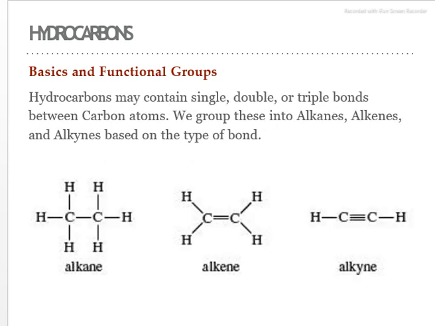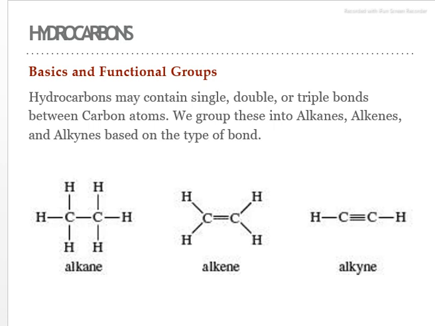Hydrocarbons may contain single, double or triple bonds between the carbon atoms. Hydrocarbons mainly have two elements, carbon and hydrogen. Based on the type of bond, we have classified hydrocarbons into three: alkanes, alkenes and alkynes.